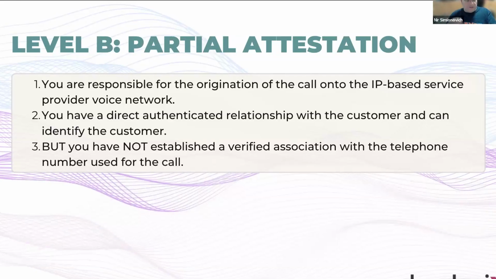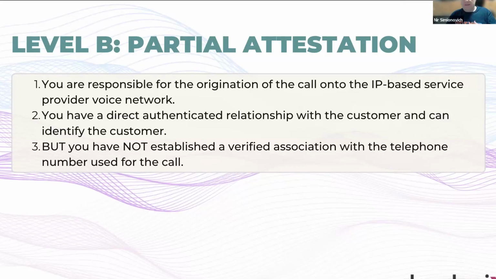Level B basically says, I'm responsible for the service that I'm providing to my customer. I know who they are, and I validated their authenticity as a business. But I cannot really verify the association between the phone number they provide and the fact that they really own it.